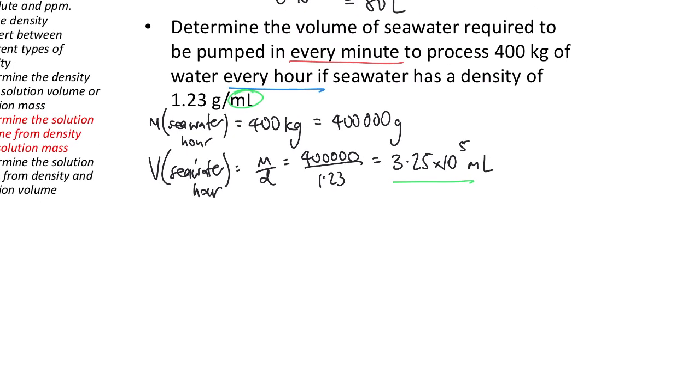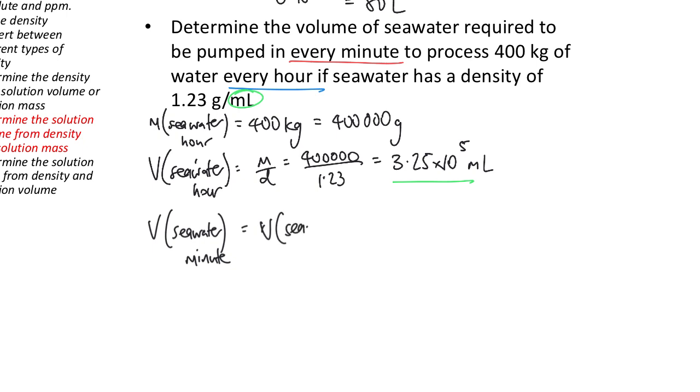Okay, cool. And so therefore, now that we've got the volume of seawater in an hour, I can work out the volume of seawater in a minute, which will be 1/60th of that.